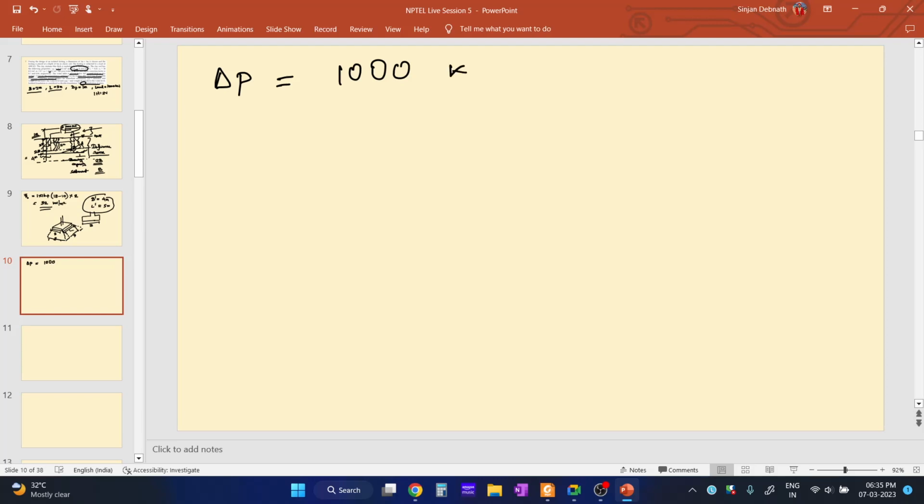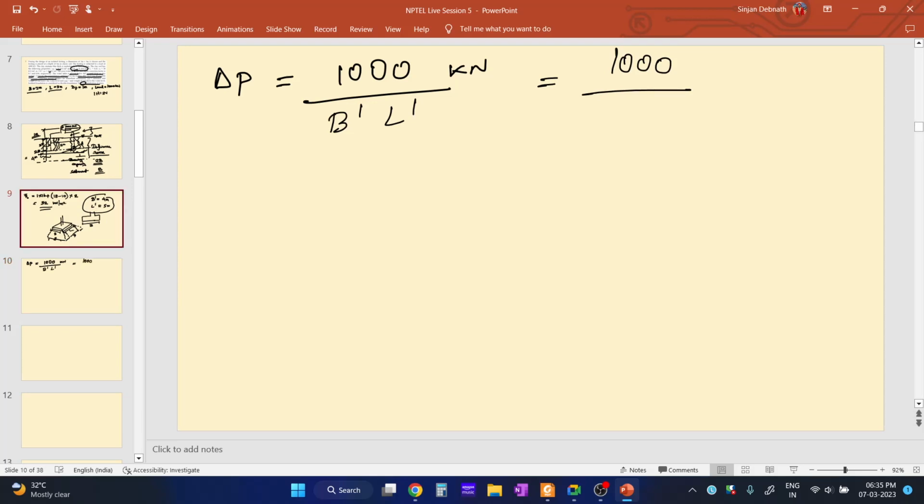That is 1000 kilonewton divided by area. What will be the area? That is B dash L dash. So 1000 divided by 4 into 5. Now if you calculate this, you will get del P is equal to 50 kilonewton per meter square.